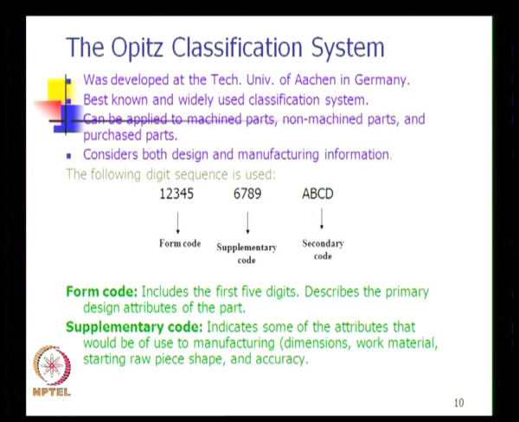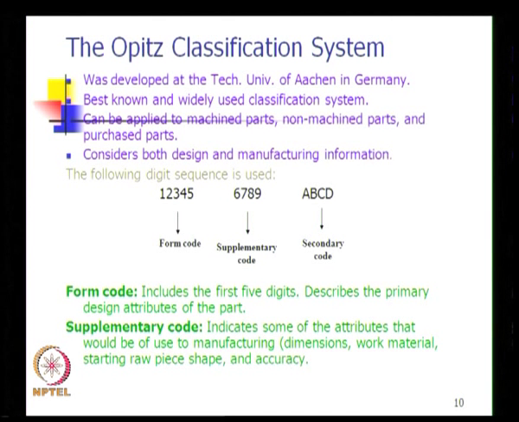A very popular classification system is called the Opitz Classification System, and the Opitz Classification System has 5 digits which represent the form code, another 4 digits for the supplementary code, and another 4 digits for a secondary code. So, the Opitz Classification System has a code which is alphanumeric.